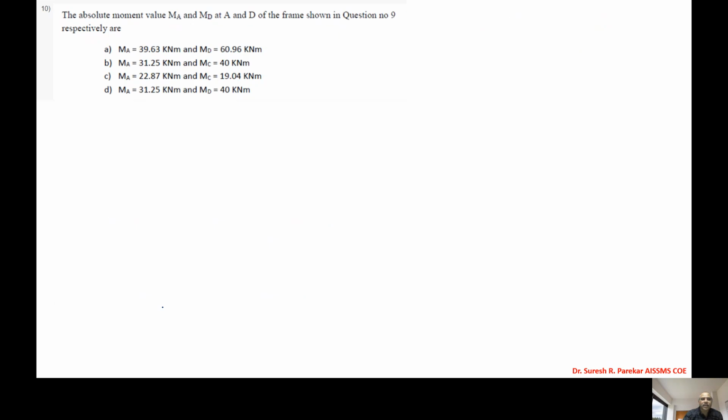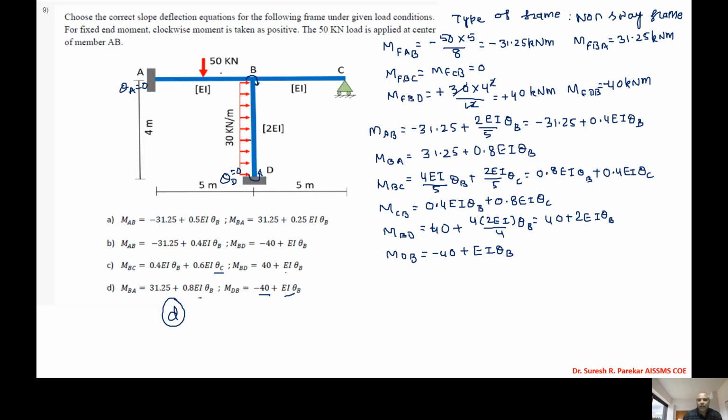And then we have the last part, the absolute moments MA, MB, MD, and A and D. Now I will write MBC directly with the modified equation, instead of MBC and MCB, which would unnecessarily involve one unknown.